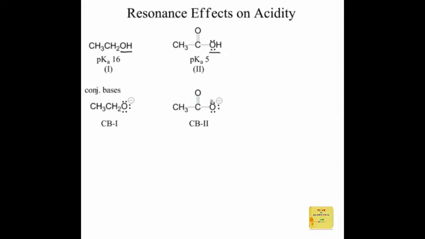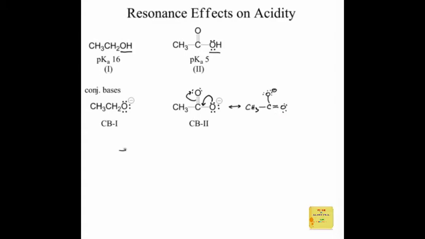It's next to a pi bond, which means we can have resonance with that lone pair and that pi bond. And what does that resonance do? It moves the negative charge to a new location. Anytime you can delocalize the charge through resonance, that's going to be a really great effect.